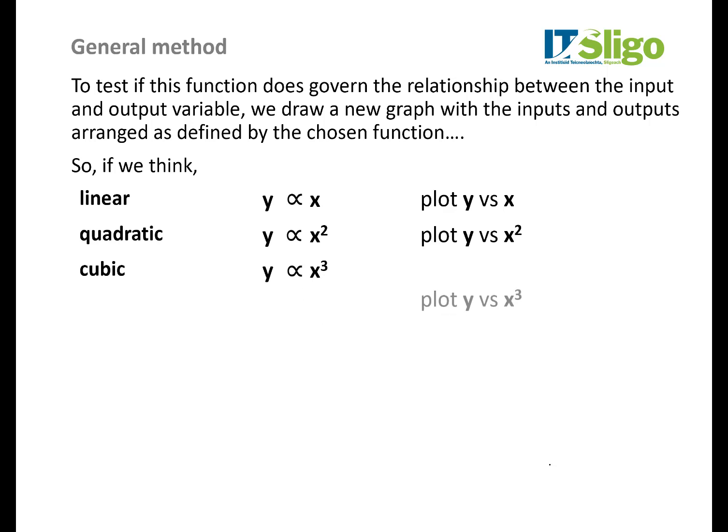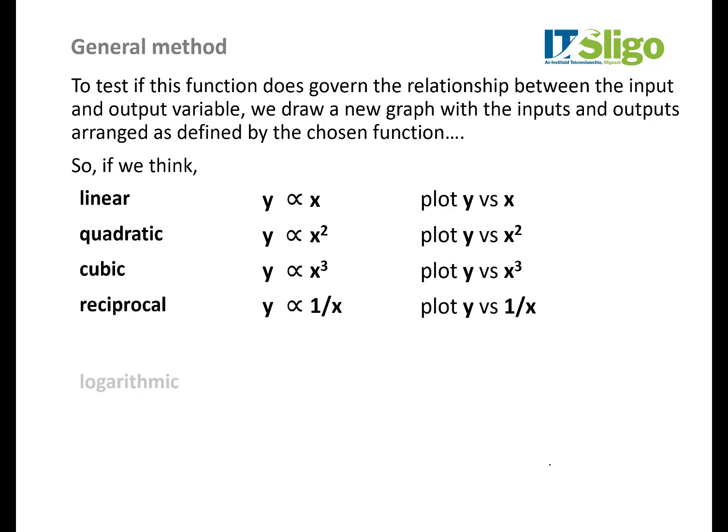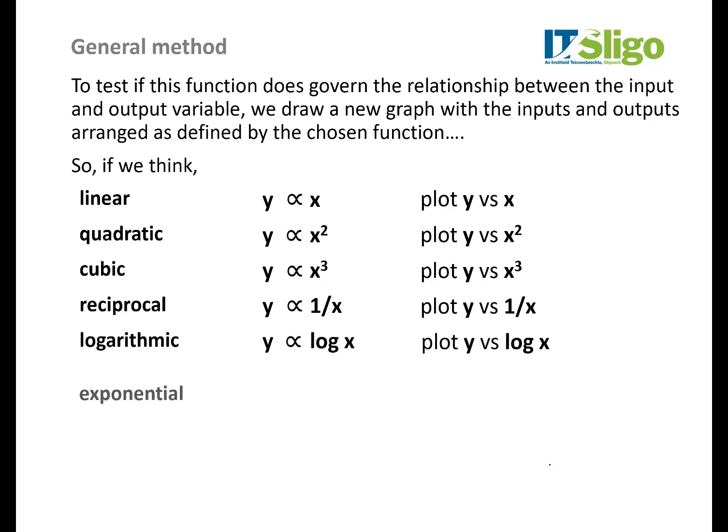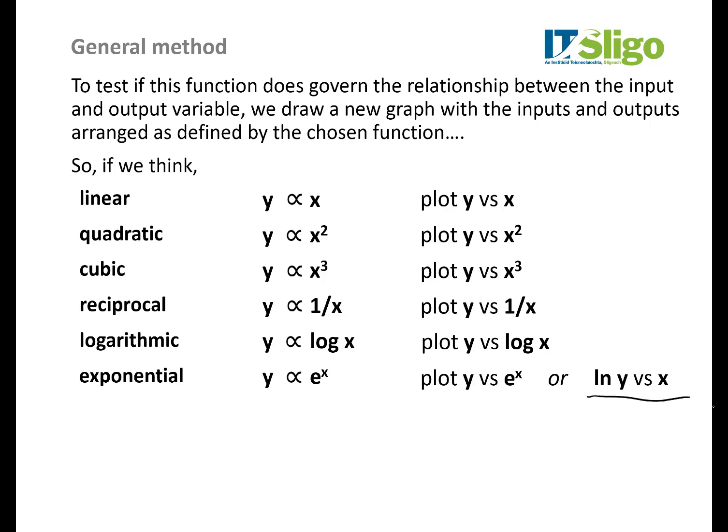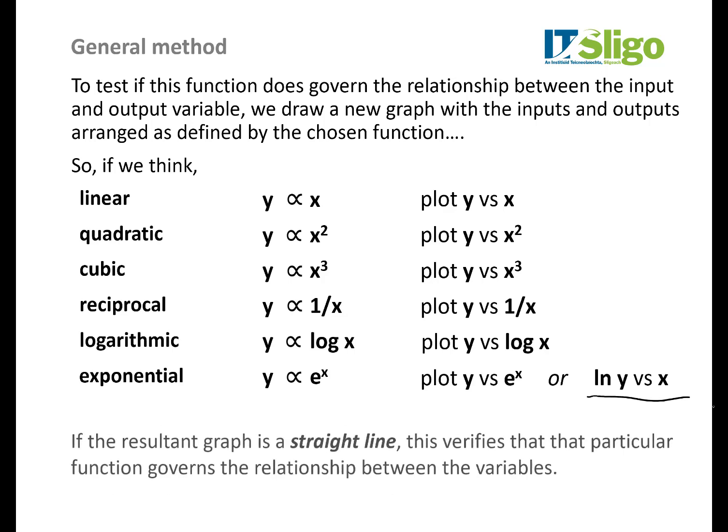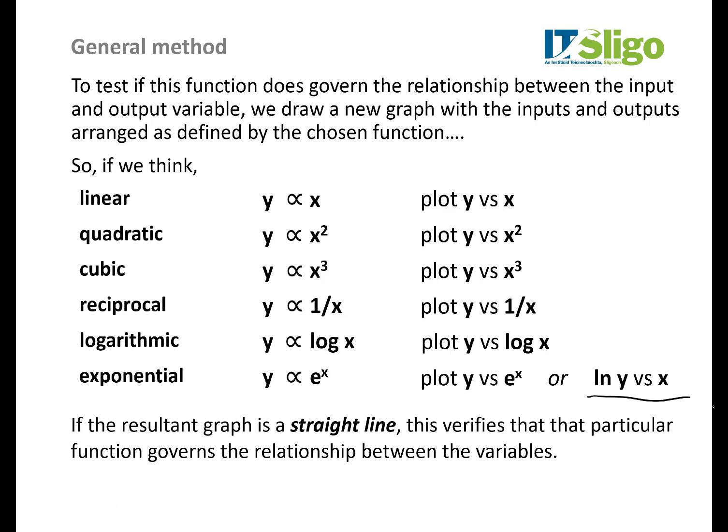Similarly for cubic, plot y versus x cubed, reciprocal, y versus 1 over x, y versus log x for log, e to the power of x, or this easier version, which we'll explore later in the video. And as I said, if we get a straight line, this verifies that that particular function governs the relationship between our input and output variables.